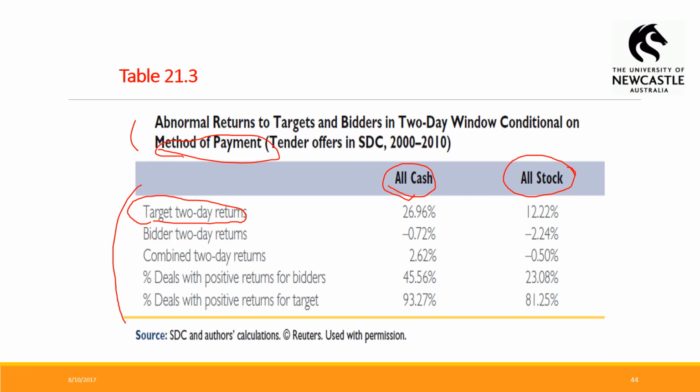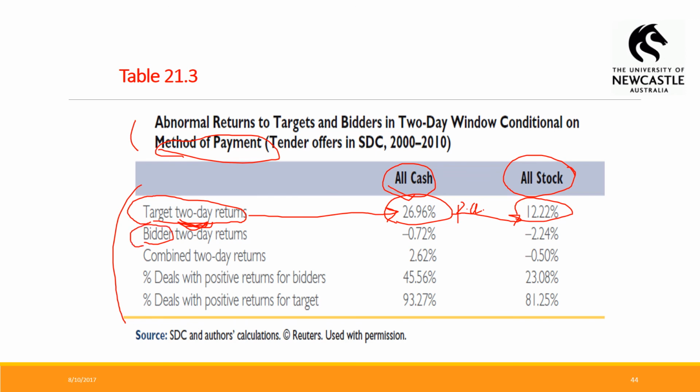The target shareholders, at least in the short run, earn substantially high returns, right? Once the M&A transaction is announced, for the cash transactions, they earn 26% per annum. And for the stock transactions, they earn substantially less, but it's still 12%, which is a very healthy investment return. This is per year, by the way.